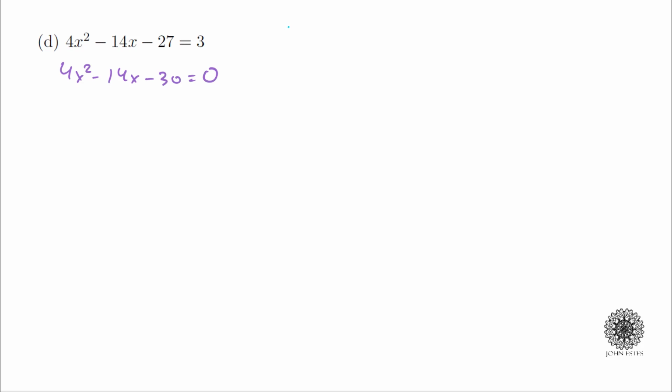So for the quadratic formula, if you have ax squared plus bx plus c equals 0, the solutions of this are going to be negative b plus or minus the square root of b squared minus 4ac all over 2a. Generally, I don't encourage memorization, but this is something that you should memorize.